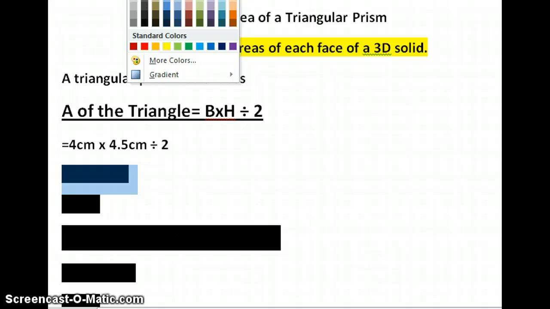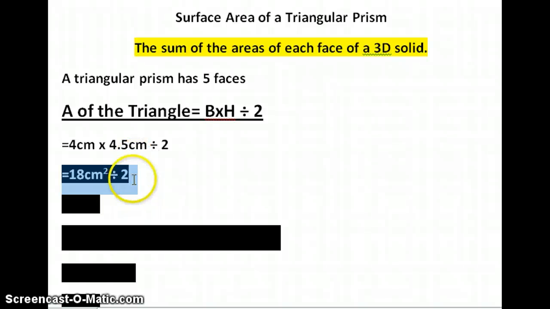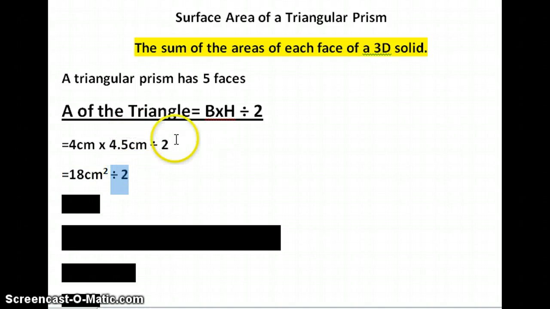Can everybody work that out in your head? Okay, so 4 times 4.5 is 18 centimeters squared, and then we have to divide that by 2. Great. So the answer to that is 9 centimeters squared. So that's the area of one of those triangles.